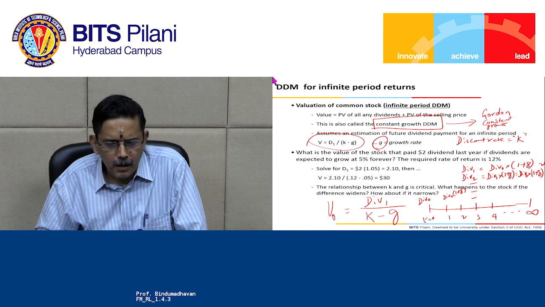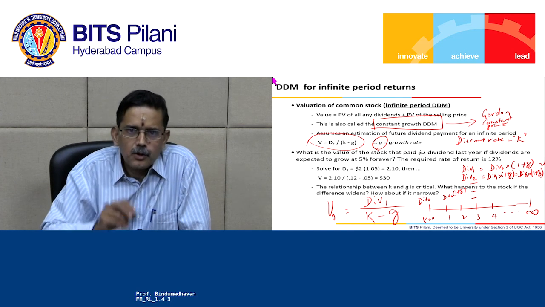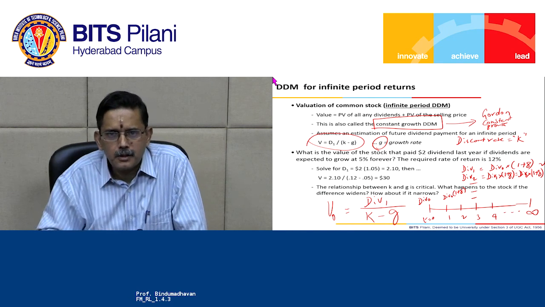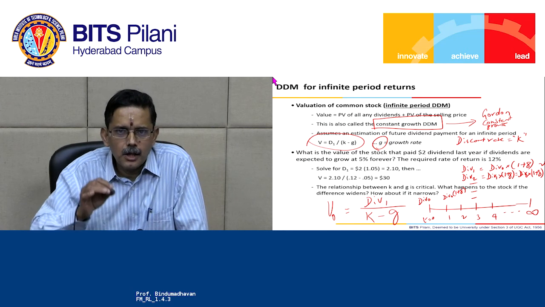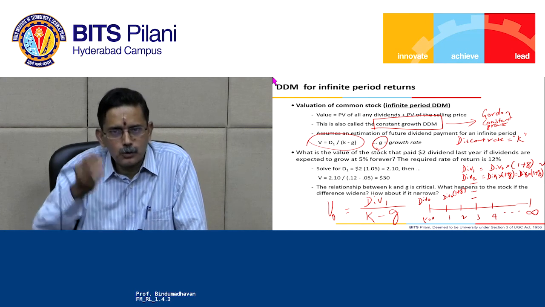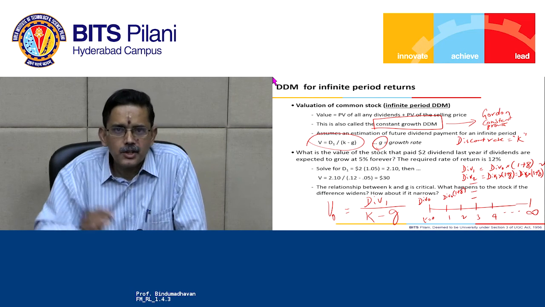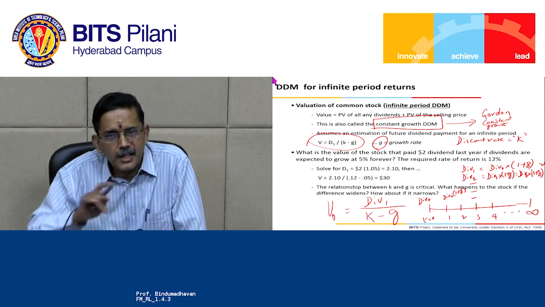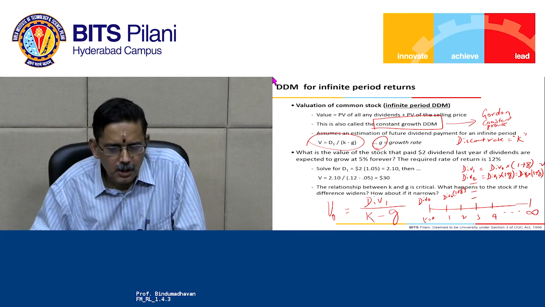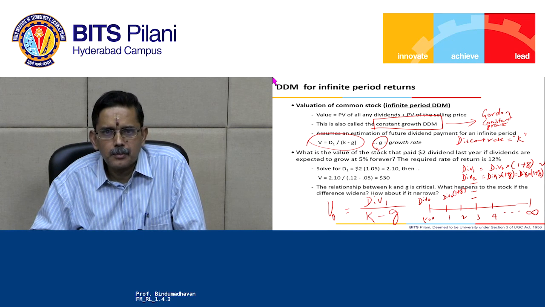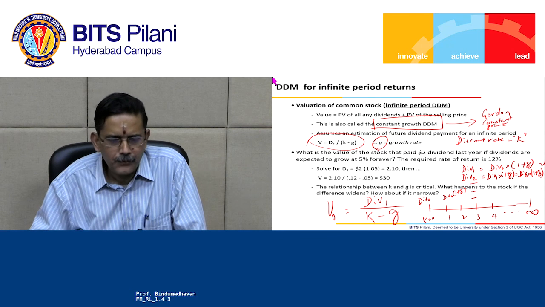The derivation of the formula, again, we are not going to go into it, but you should know the formula, you should know when to apply it, and you should know the underlying logic and intuition. The reason it simplifies to this is because of geometric progression. Again, the common thread is geometric progression in several of the simplifications that we have looked at so far.